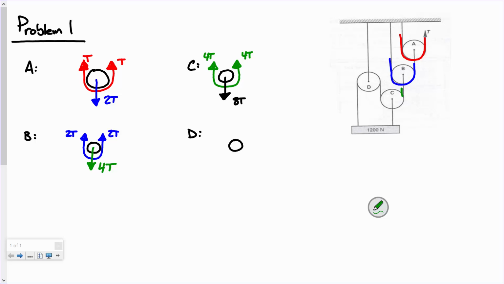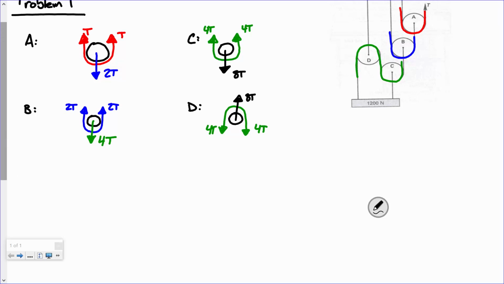The third rope does something about like that, right? So if I look at D, D looks like this and like that. This is 4T and 4T, right? This going up is 8T, right?